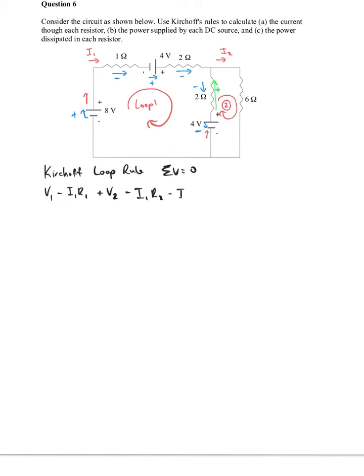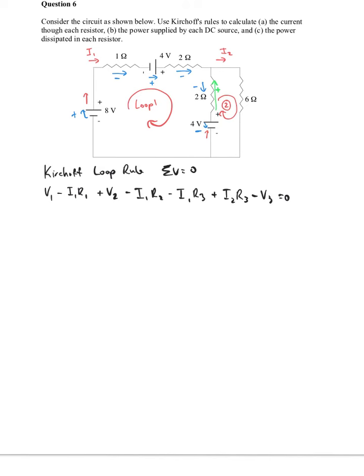We have a voltage drop across the third resistor, that's R3. We have a voltage gain, remember, from that green part pointing back upwards from the other loop, so that's going to be I2 R3. And then we have a voltage drop from the other battery because it's facing the other direction, so V3. That equals 0.